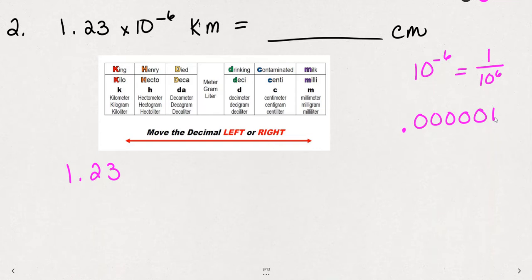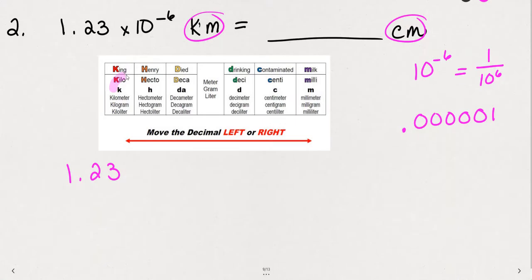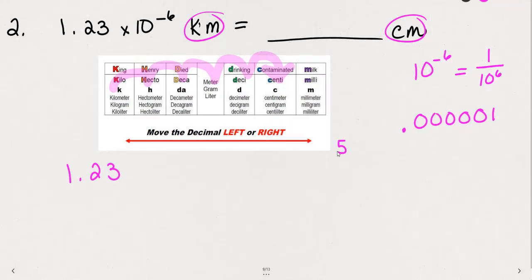So 100,000th is what that is. But when I want to go from a kilometer to a centimeter and I use the chart, we're going to go kilometers to centimeters 1, 2, 3, 4, 5 places to the right.